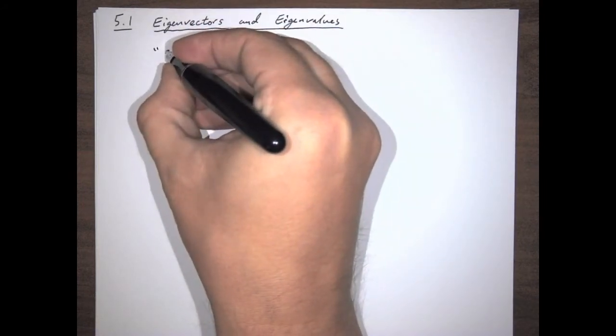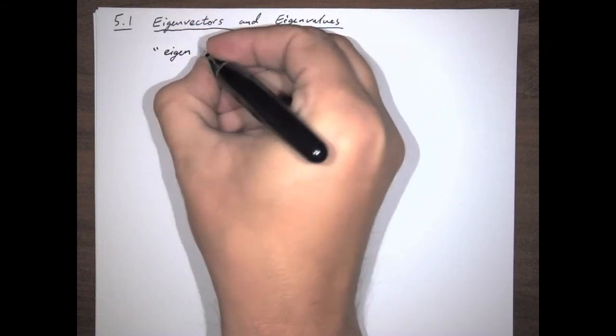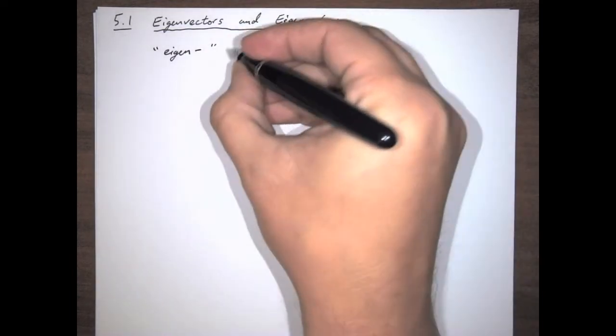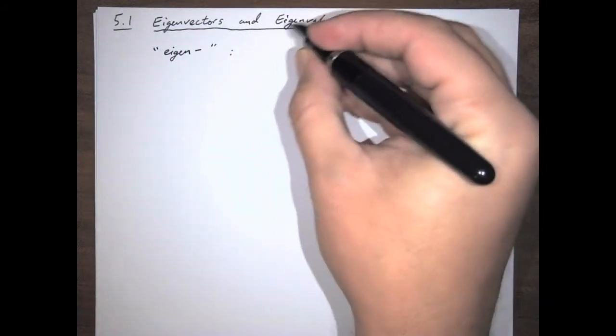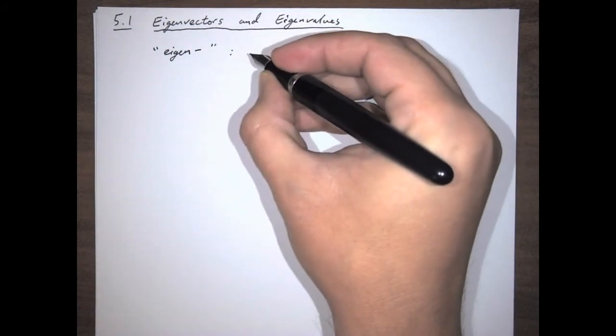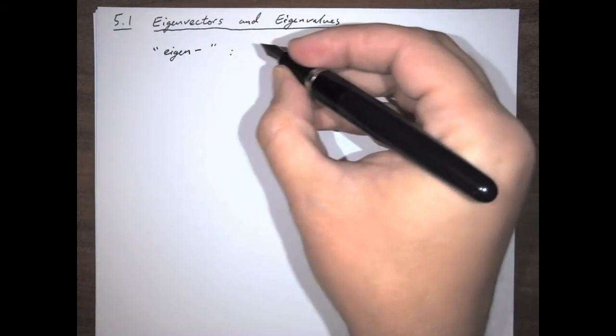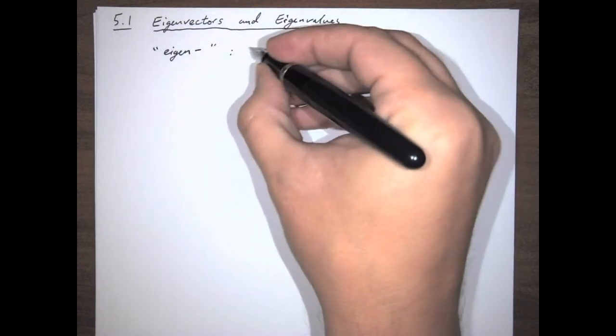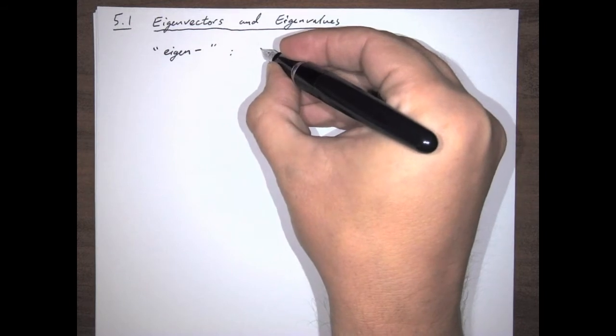Eigen anything is a prefix that means particular or characteristic. You may think it's somebody's name. It sounds like it might be a name or something, but it's not. It's just a German word. So this is a prefix that we put, and it means particular or characteristic.